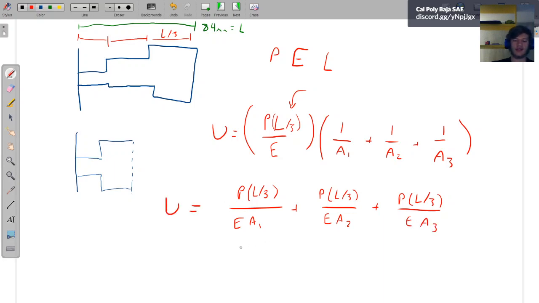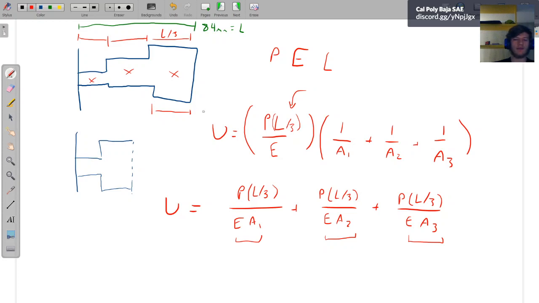The issue here is now your denominators are different, so you can't just have this as L. Even though your whole length is the same, you have to remember the sections we're talking about. We're summing up all of the little displacements in each section.